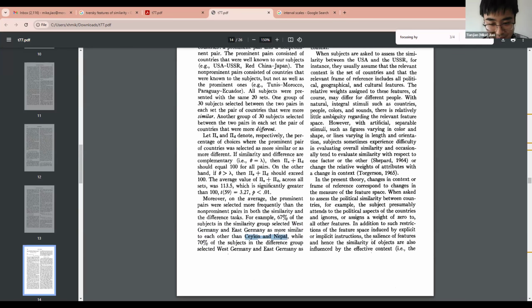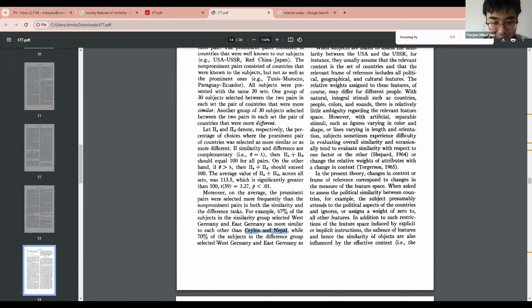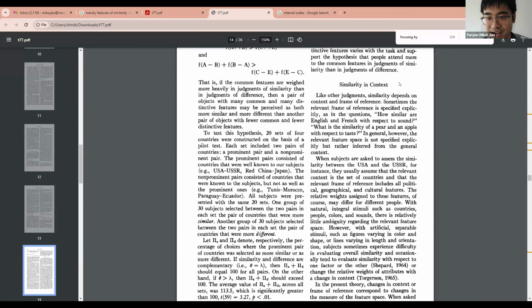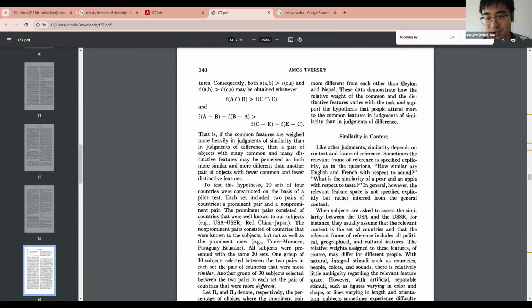However, the participants also judged that the difference between West Germany and East Germany is larger than Sri Lanka and Nepal. So these two Germanys are both more similar and more different than Sri Lanka and Nepal. Seems impossible, but this is the experimental result, and based on Tversky's model, it can be predicted, or it can be explained at the very least.